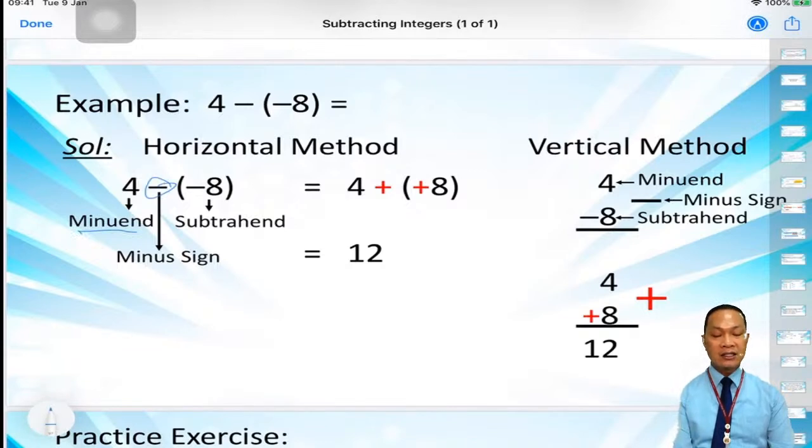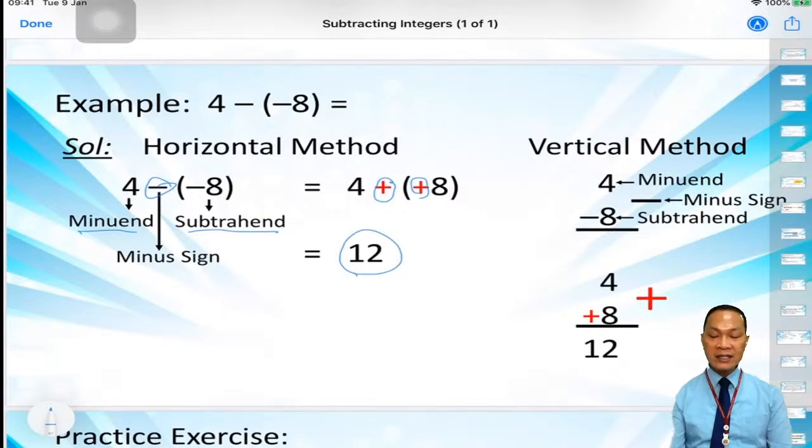This is your subtrahend, the second part of the subtraction operation. And then using the rule, we have to add the additive inverse of negative 8, which is positive 8, then go back to addition of integers. So the new math sentence is 4 plus 8 is equal to 12.